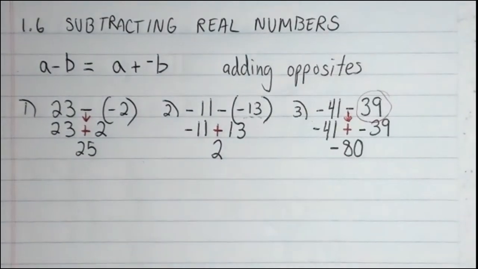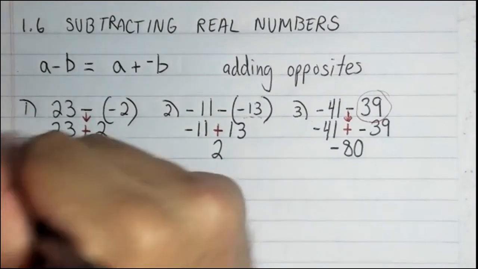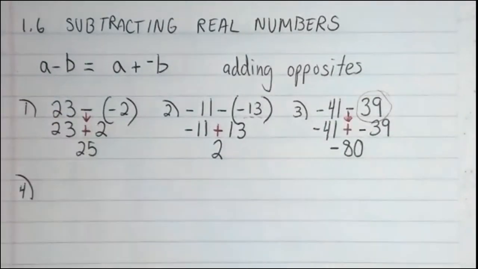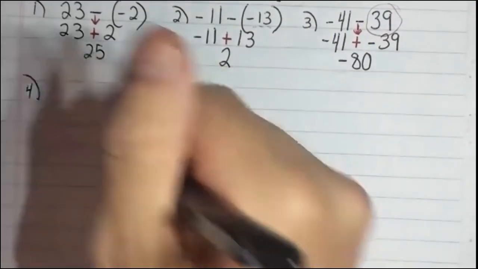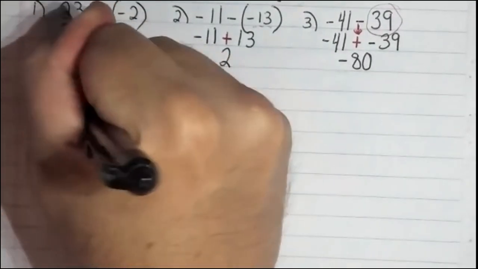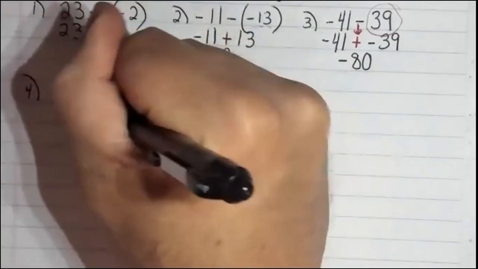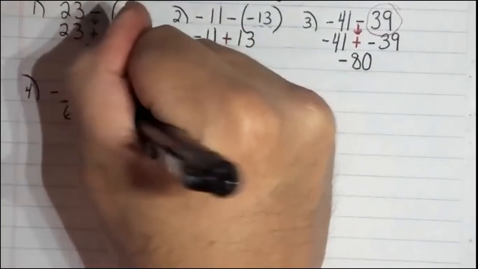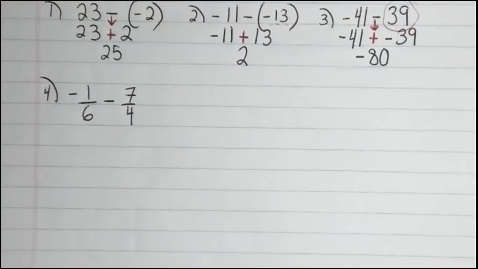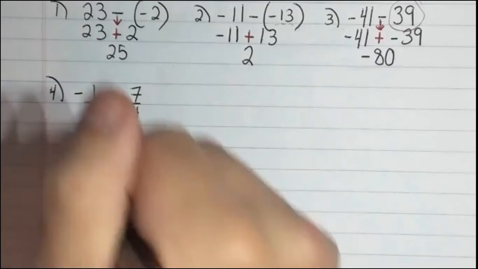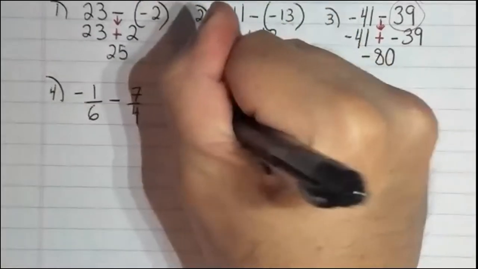All right, so once again, these fractions don't go away. So let's do one with the fraction. Let's do one with different denominators. All right, so you're doing negative 1/6 being subtracted by 7/4. I'm going to set it up vertically.